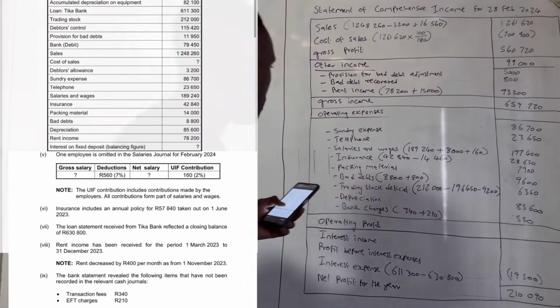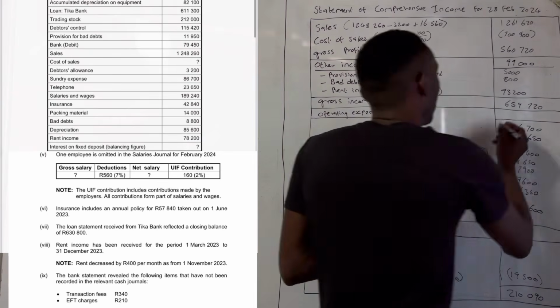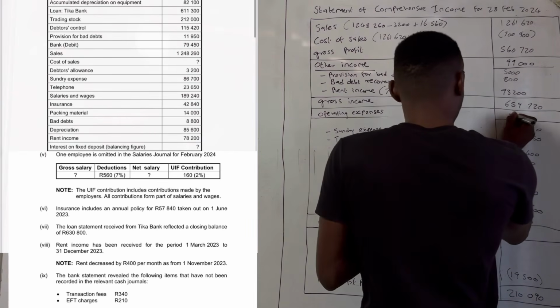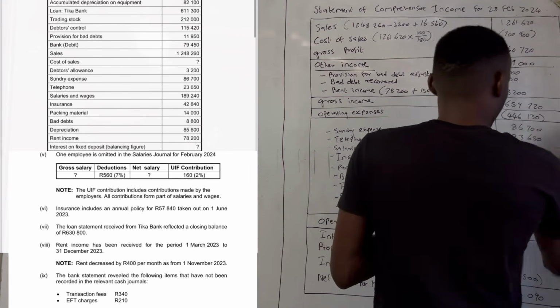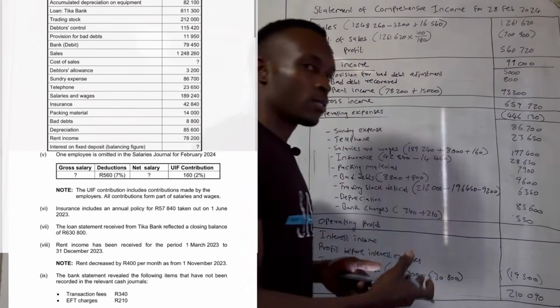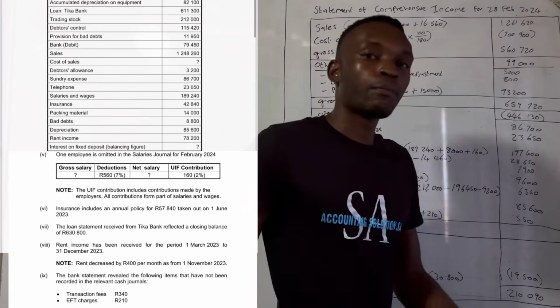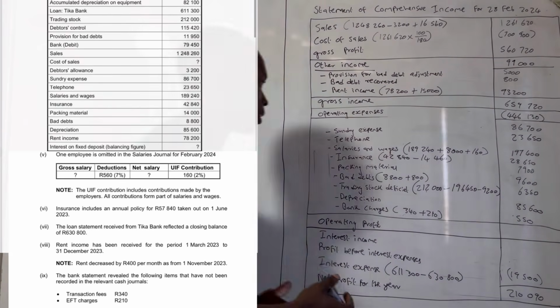If you add all expenses, you are likely to get 446,130. If you don't get this one, just accept whatever you get, as long as you are applying the principle correctly.